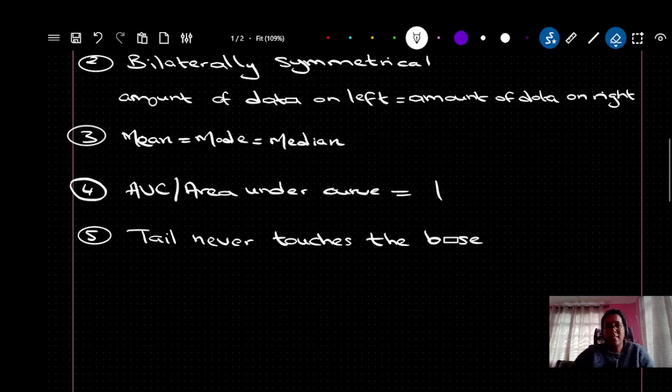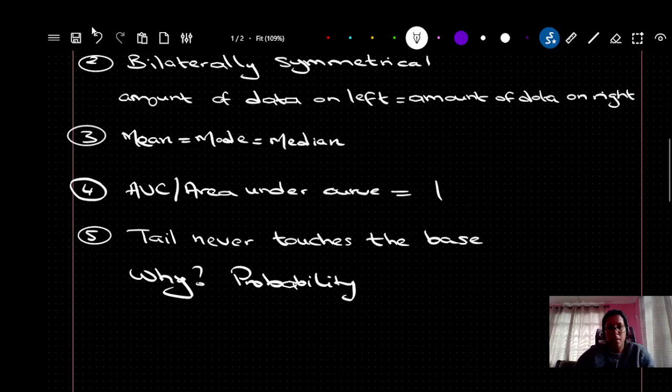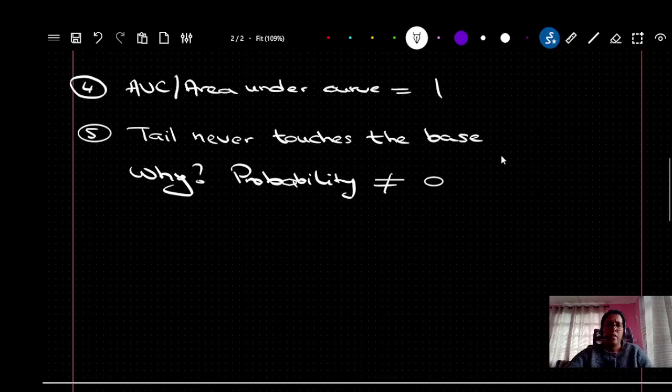Why is that? It's because when you have this kind of data set, this kind of distribution, the probability can never be 0. So here what I mean is that, for example, you have a data set like age, height, weight.